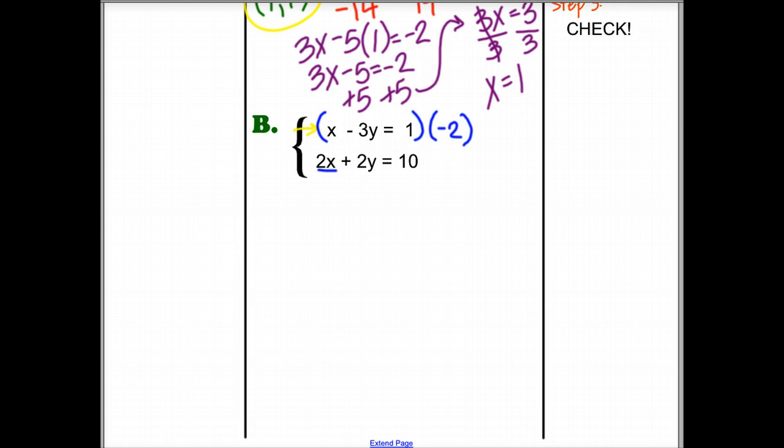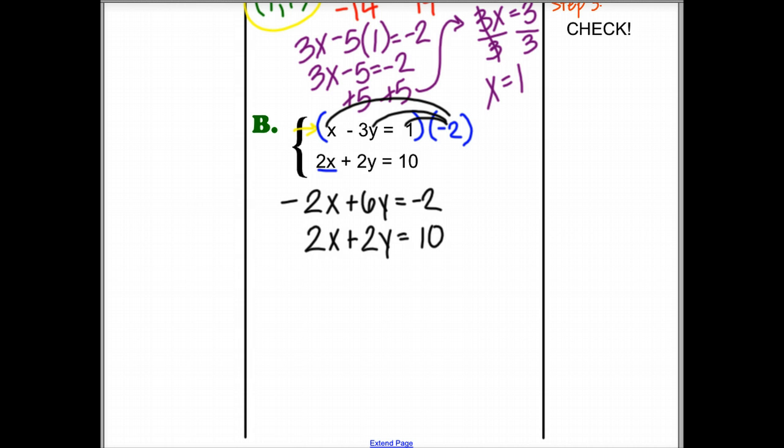So when I rewrite this, I distribute this through, and I get -2x plus 6y equals -2, because -2 times x is -2x, -2 times -3y is +6y, and 1 times -2 is -2. And then I have 2x plus 2y equal to 10 for my second equation.